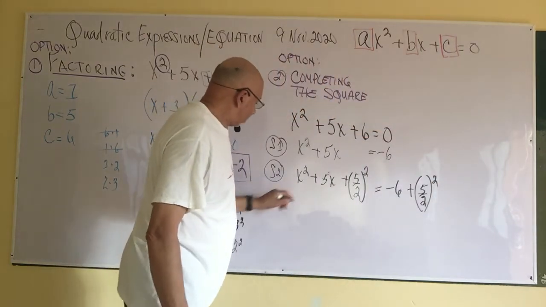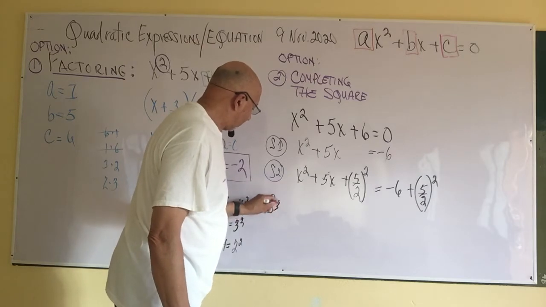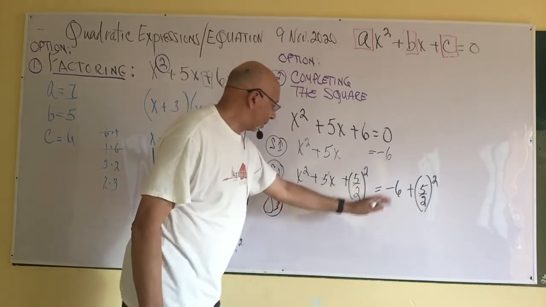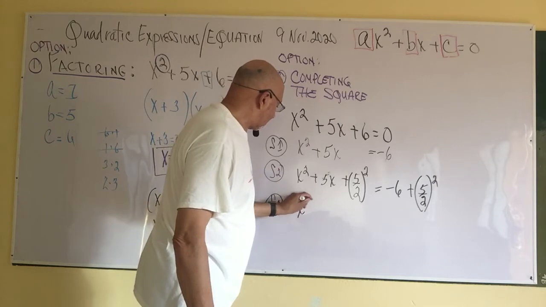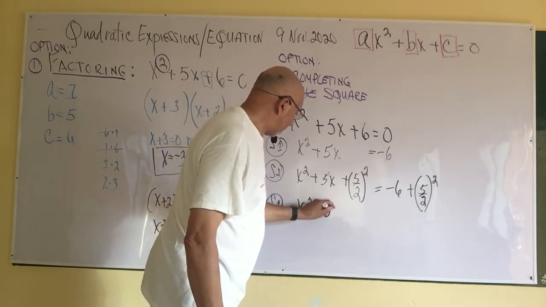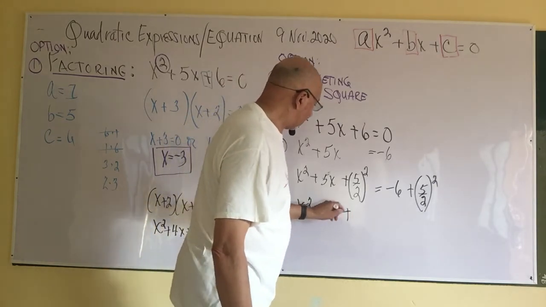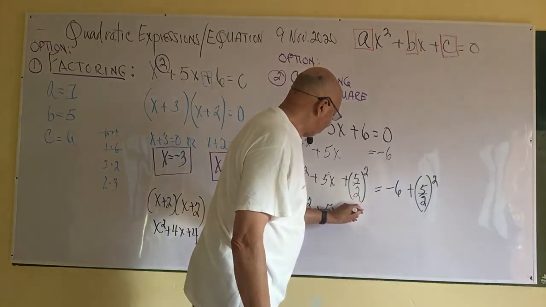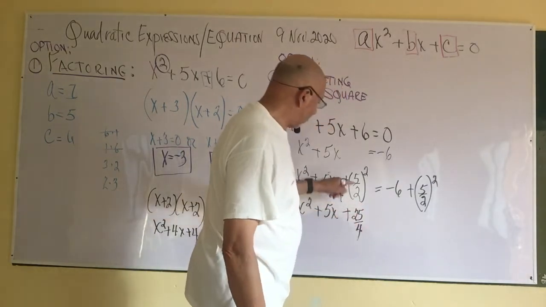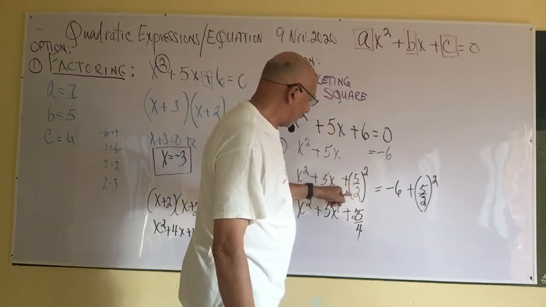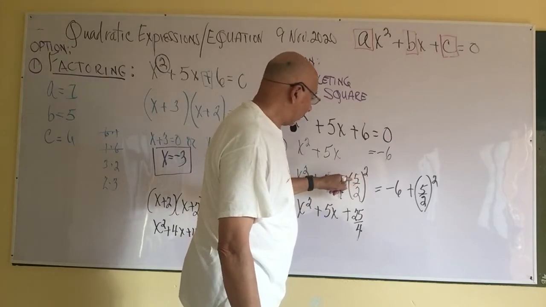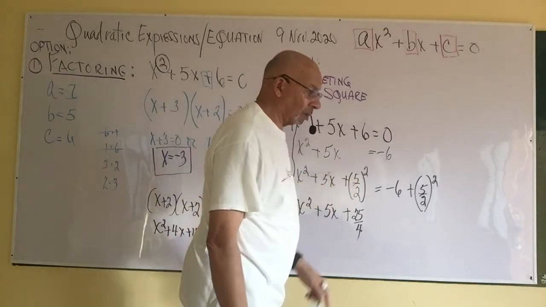So step 3 now is to work this out. So x squared plus 5x plus 25 over 4. You follow that? 5 halves squared is 5 times 5 and 2 times 2.